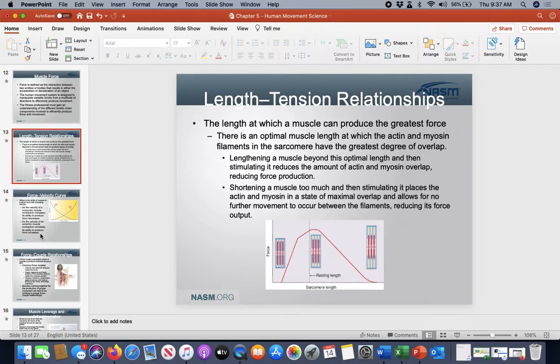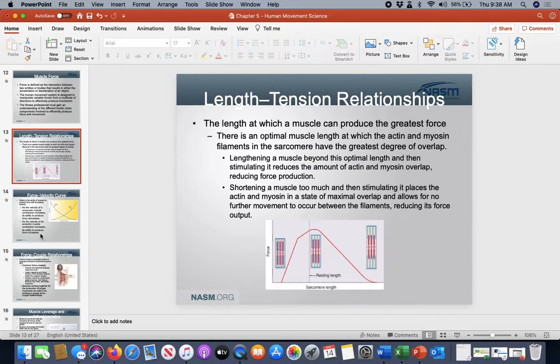So something to think about here is what we would call length tension relationships, and these relationships that we're going to talk about in a second here are going to be something to understand that are going to pop up on your test because they really like to emphasize these. Okay, so what we're talking about with length tension is that there is a certain length that the muscle wants to achieve so that it will create the necessary force that you need to have.